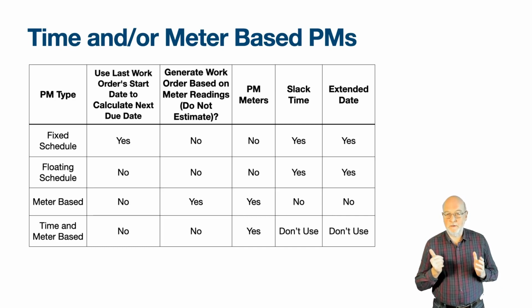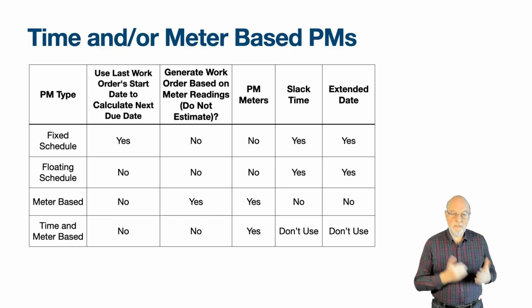A little word about the extended date. This has effect on fixed schedule PMs and floating schedule PMs by delaying when the next work order would be generated. It is delaying the time-based frequency estimated next due date. For meter-based PMs, the extended date cannot be entered because the time-based frequency estimated next due date is null.